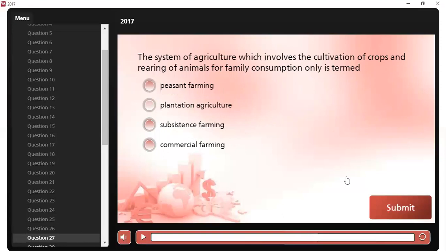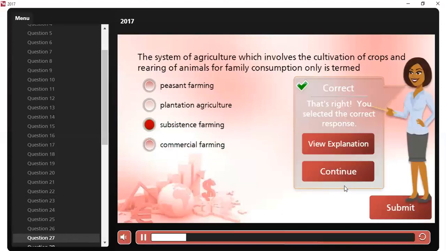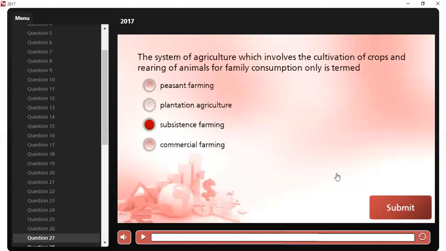The system of agriculture, which involves the cultivation of crops and rearing of animals for family consumption only, is termed as what? Subsistence farming. Yes. Subsistence farming is a self-sufficient farming system in which the farmers focus on growing enough food to feed themselves and their entire families. So that has to be the right answer.